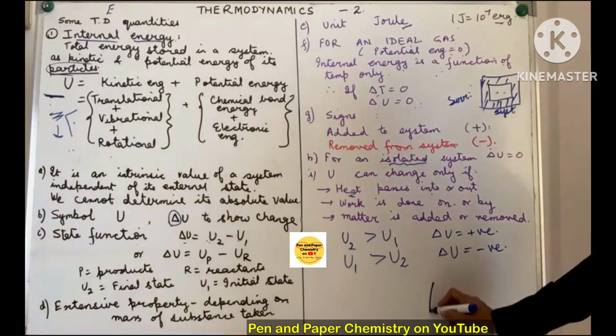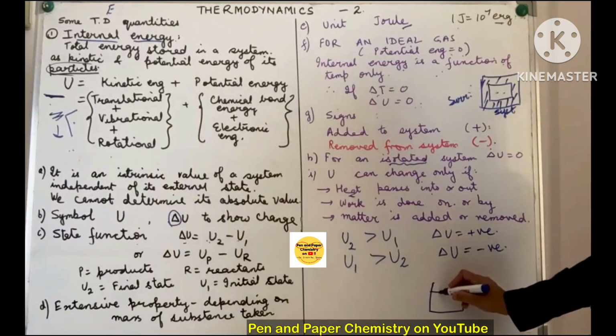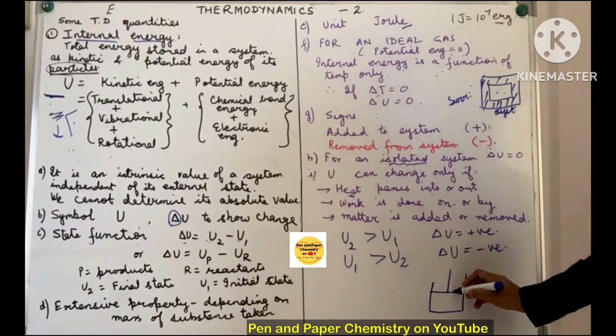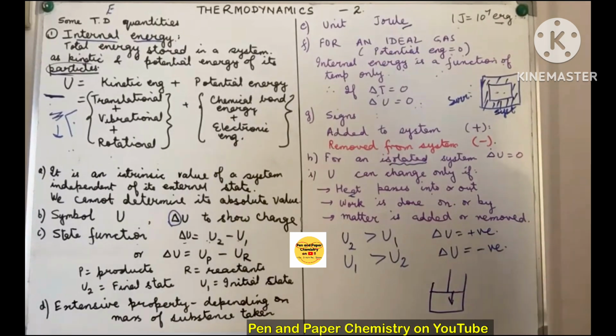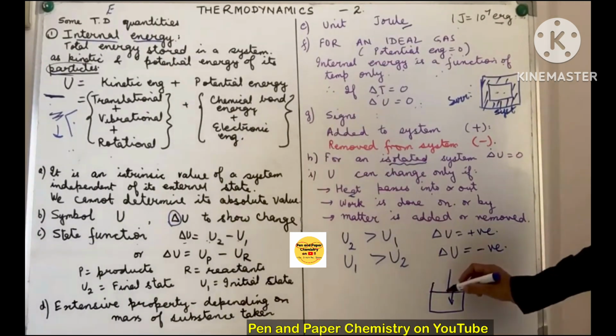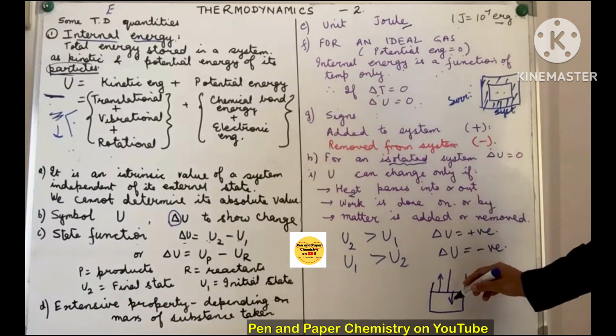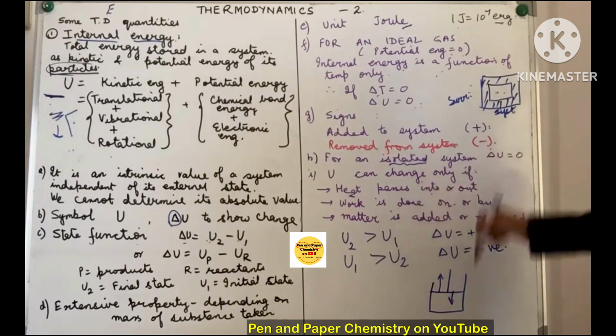So supposing I have a vessel over which I have fitted a piston. So we can either apply pressure to compress the gas. Alternately, the gas can also exert pressure to push the piston out. When we are applying pressure on the gas through the piston, work is being done on the system.